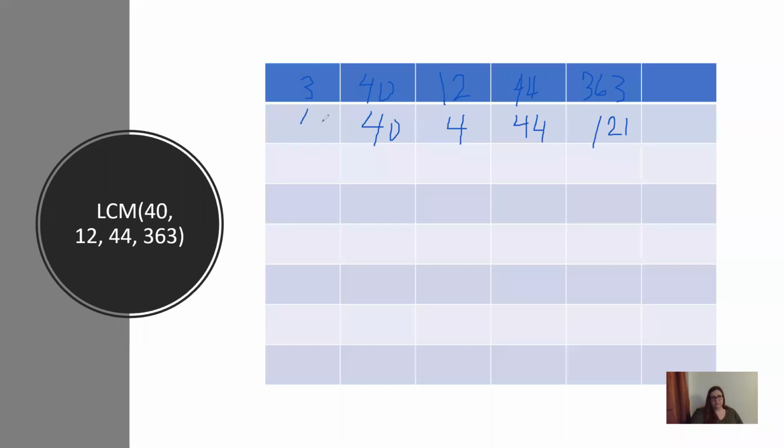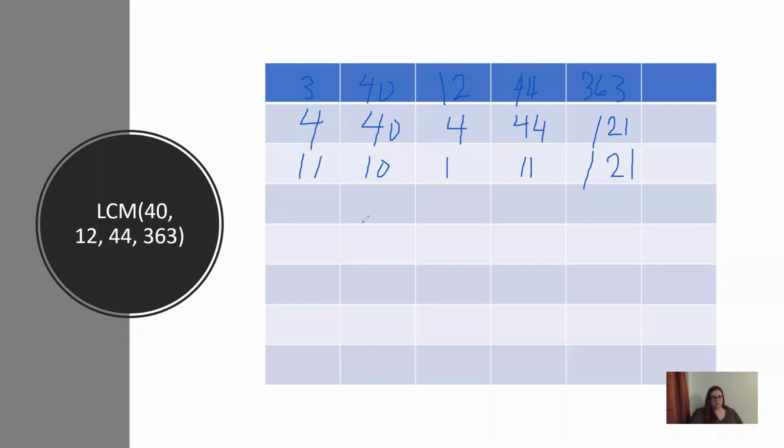Now let's do 4. 40 can be broken down to 10. 4 goes into 12 once. 4 goes into 44 11 times. 4 doesn't go into 121 at all, so we're just keeping the 121.